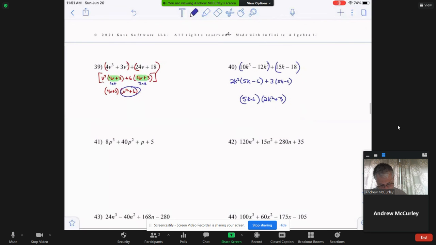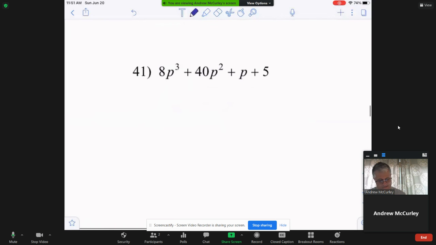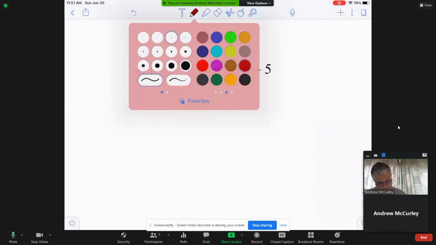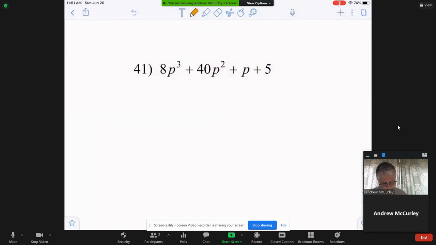All right. I like this one. This is a good one to do. So no GCF. Notice here, factored out from the first group, looks like 8p squared, right? And I'm left with p plus 5. For the next one, there's nothing to factor out, so I'm really still left with p plus 5. But I still got to factor out something.